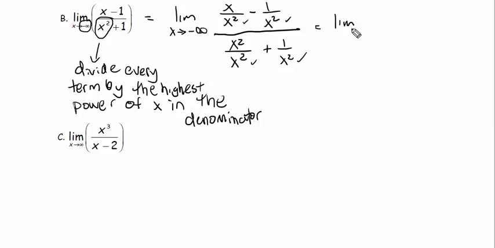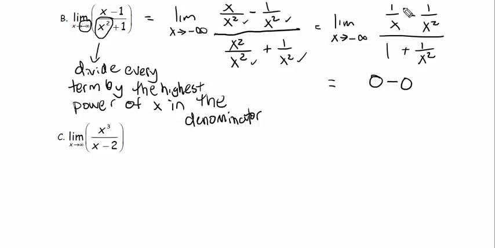Then I'm going to simplify: limit as x approaches negative infinity of 1 over x minus 1 over x squared, over 1 plus 1 over x squared. And then anything that has the x still in the denominator is going to have a limit of 0. So 0 minus 0, this goes to 0, that goes to 0, over 1 plus 0 will end up being 0.